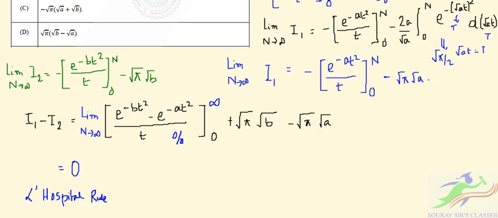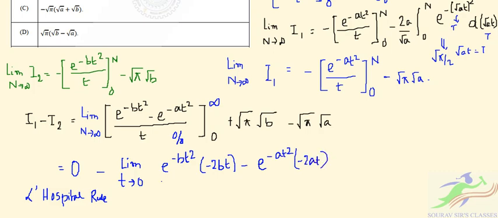So we can write it in this way: 0 minus, if we write this limit t tends to 0, we do the derivative of e to the power bt square minus 2bt minus of e to the power minus at square minus 2at, and the derivative of t will be 1, right, plus we can just take a common pi, root over pi, so root over b minus root over a.